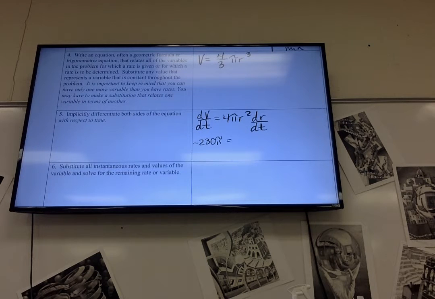Okay, then we have negative 230 equals 4 pi, 4 squared. r is 4, and dr/dt is what we're looking for.